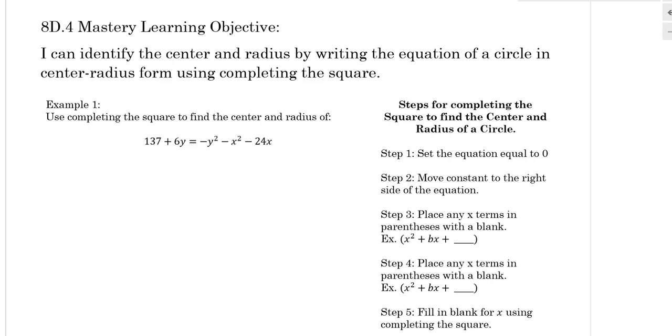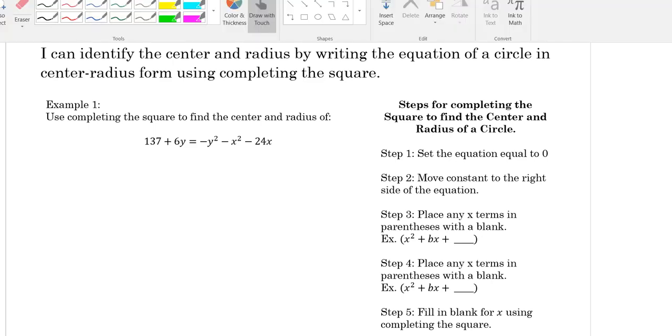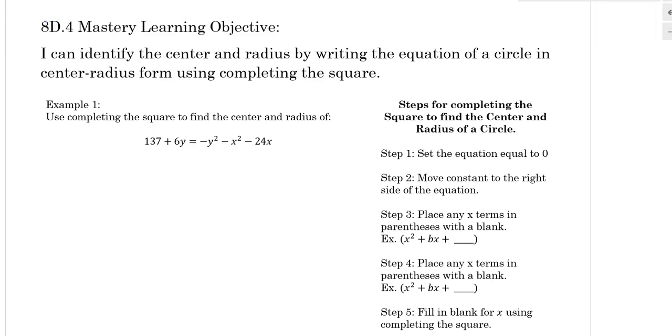Okay? So looking at example 1, use completing the square to find the center and radius of 137 plus 6y equals negative y squared minus x squared minus 24x. The first thing you should notice is this is not in our nice general equation of a circle form.